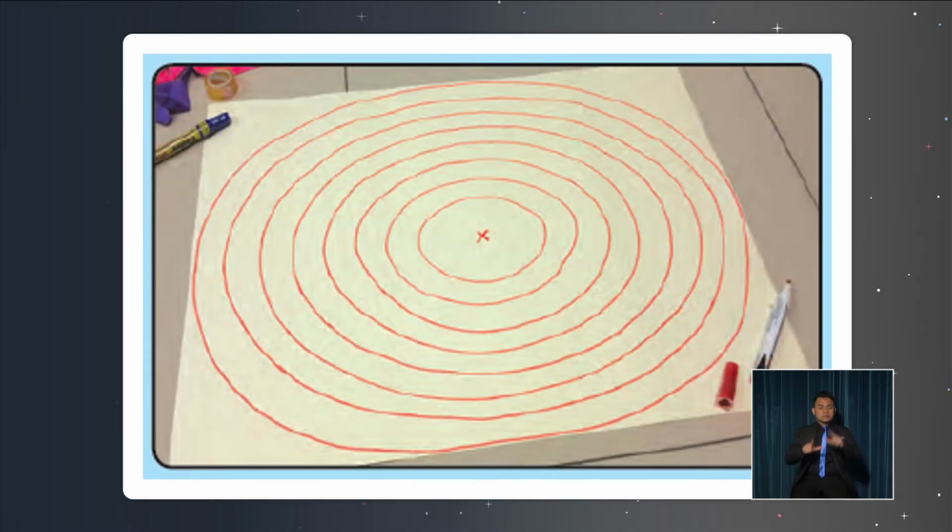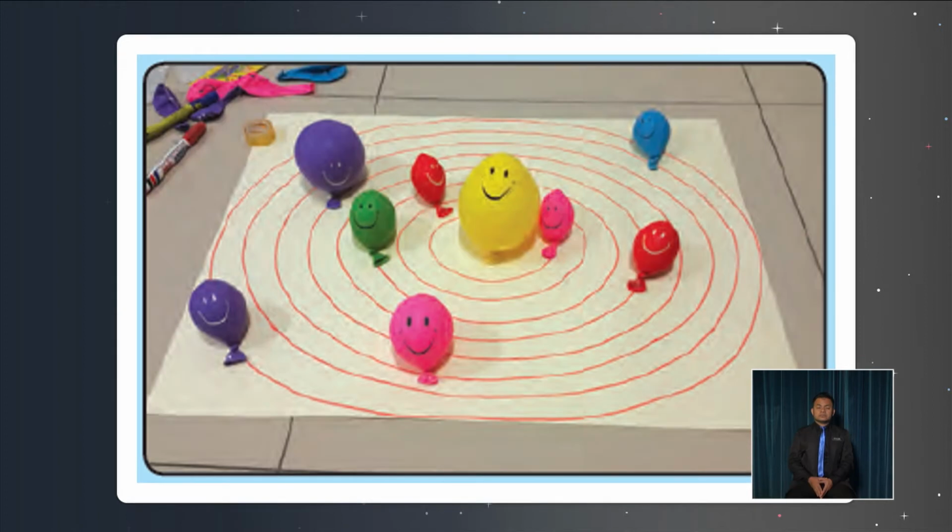Step 2. Mark X at the center of the manila cardboard. Then, draw 8 circles of different sizes. Step 3. Attach the balloons onto the circular lines according to the sequence of the planets in the solar system.